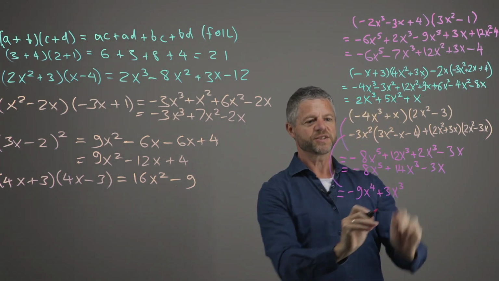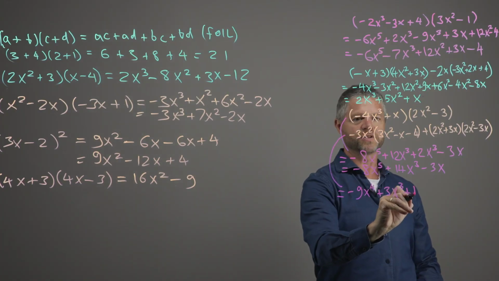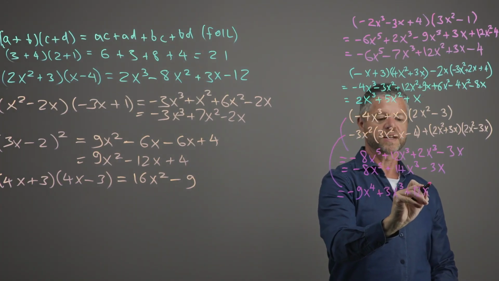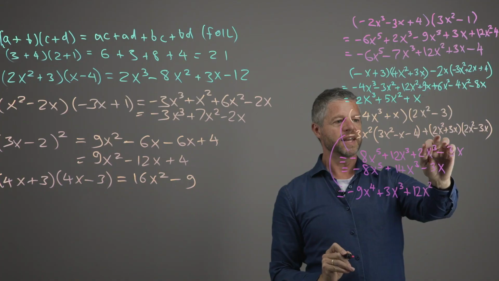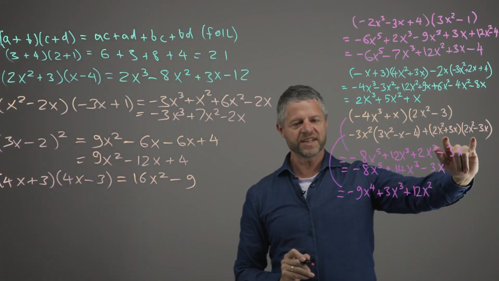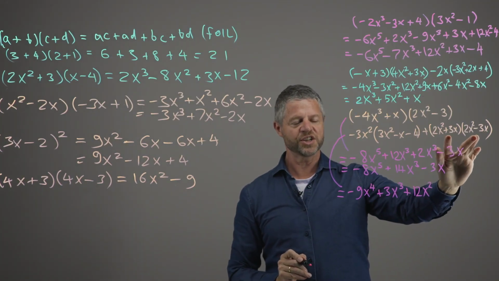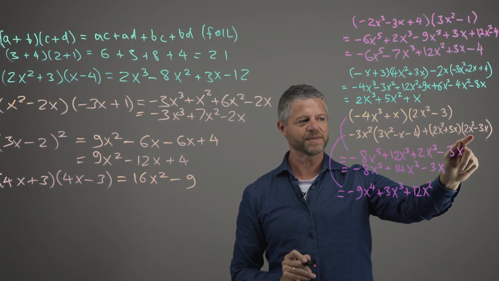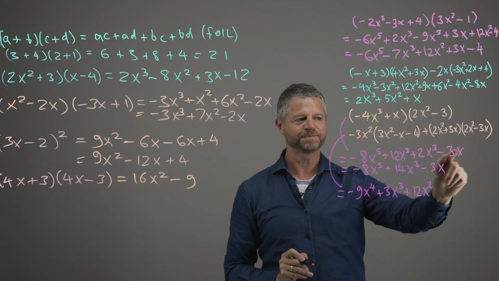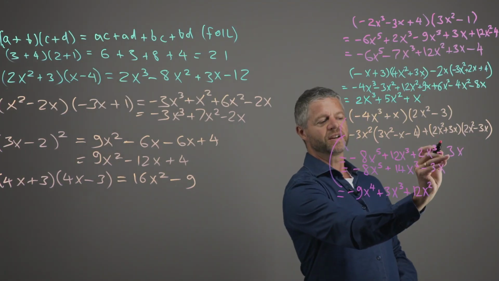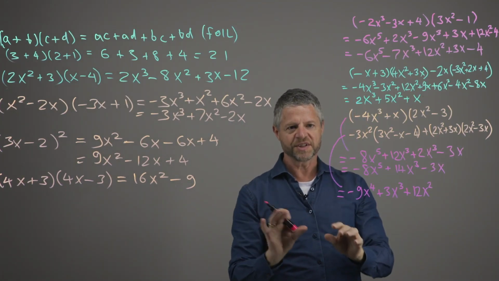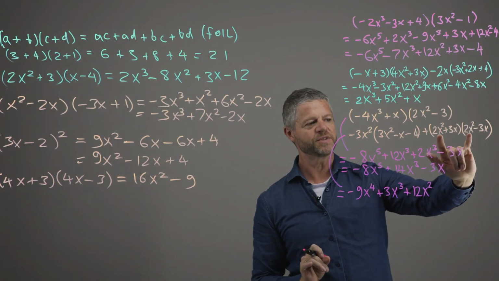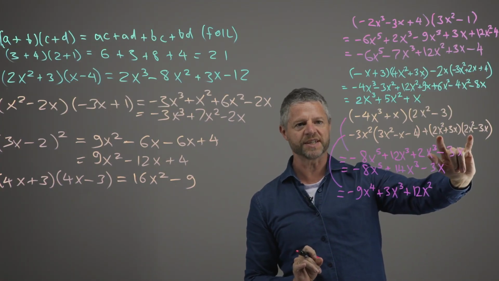Minus 3x squared times minus 4, so plus 12x squared. And then hopefully you notice here that we've got conjugates. So we've got something plus something, and then the same thing but with a minus. So we know that some of the terms drop out. So all I have to worry about is these two terms multiplied together.